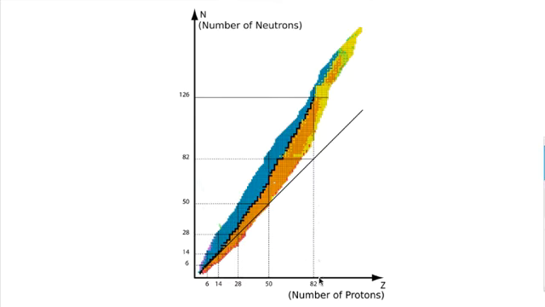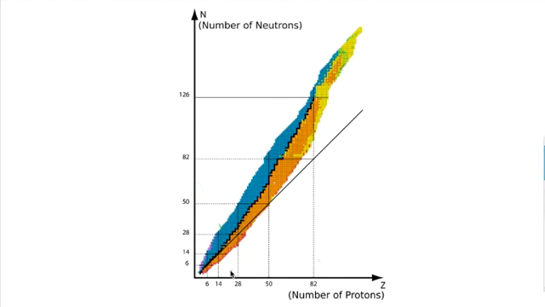On the bottom here, you're seeing the number of protons, Z, versus the number of neutrons on the y-axis. This line here shows you Z equals N, where there's an equal number of protons and neutrons. And what you'll see here is that these nuclei in black are actually the stable ones.